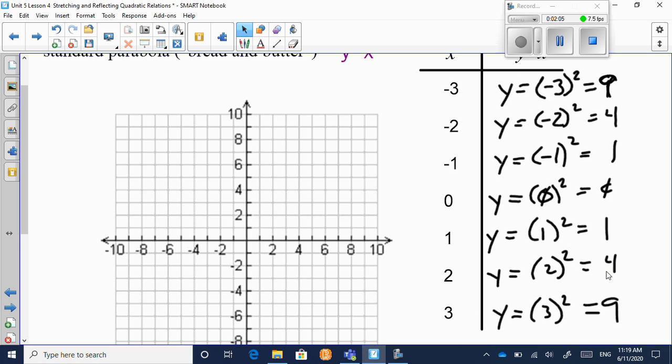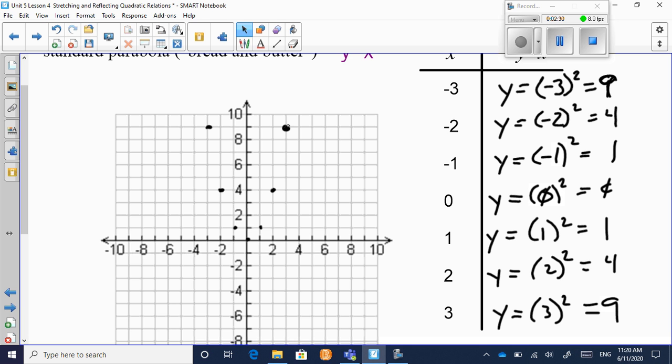Let's graph those points. If I started at -3, I'd put a point there at 9. At -2, it's at 4. At -1, it's at 1, at 0, 0, at 1, 1, at 2, 4, at 3, 9.